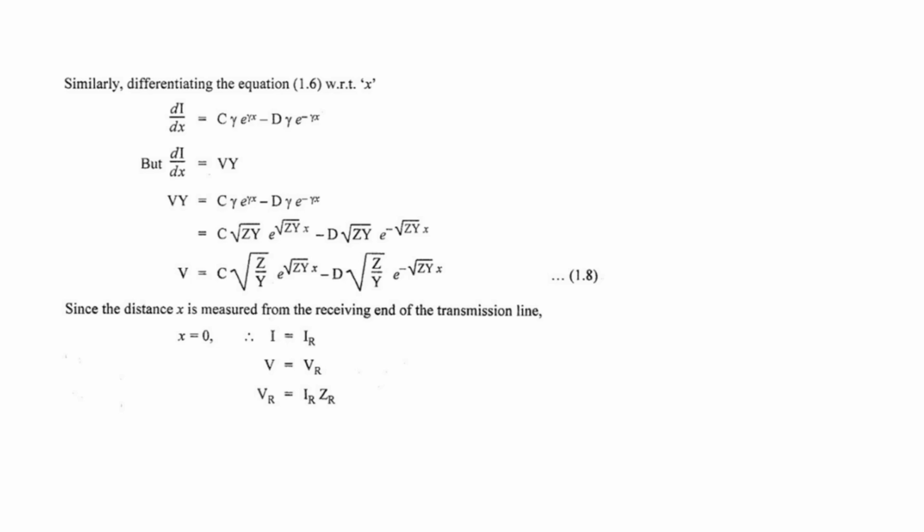And V is nothing but generally V equal to I into R according to Ohm's law. So VR is written as IR into ZR. Now we have to replace the value of I and V from equations 8, 7, 6 and 5 by I equal to IR and V equal to VR.